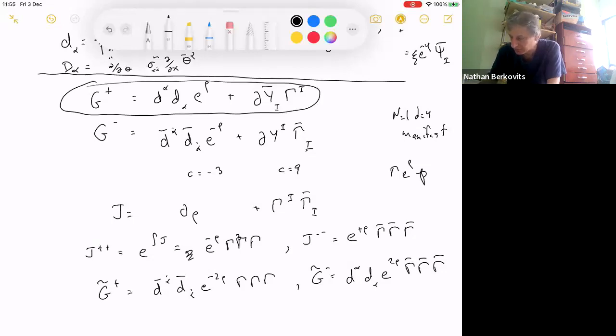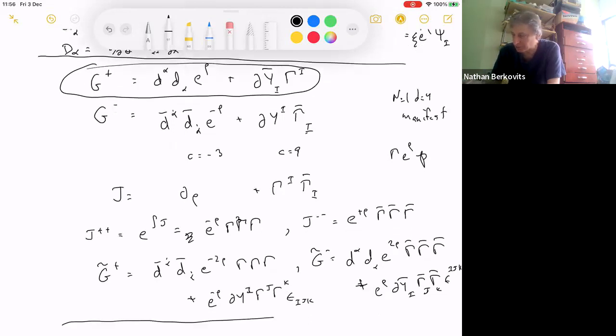Sorry, there's another term here, which is plus e to the minus rho d y i gamma j, gamma k, epsilon i j k. And here you also get another term. I'm just going to multiply this thing times this. So I'll get e to the rho, e bar y i, gamma bar j. Okay, so sorry, this should be closed.